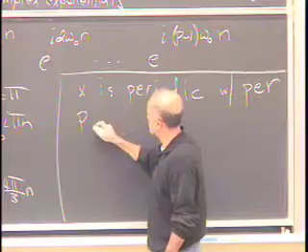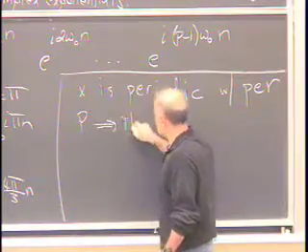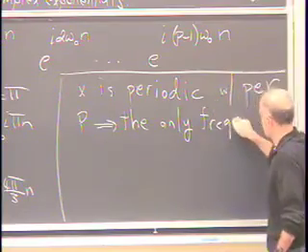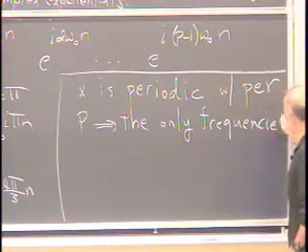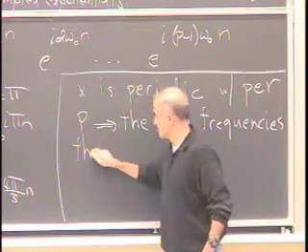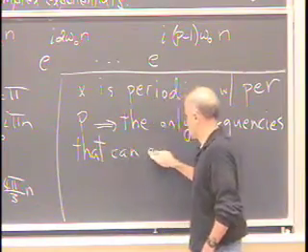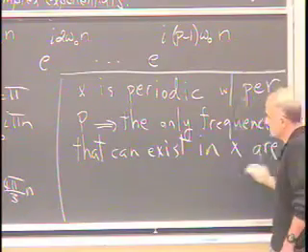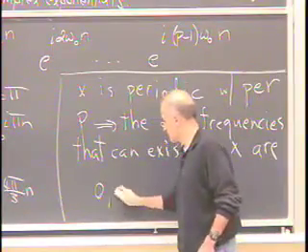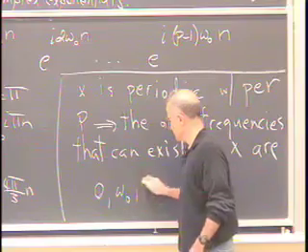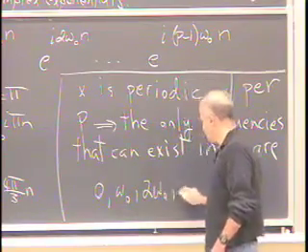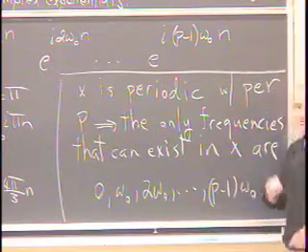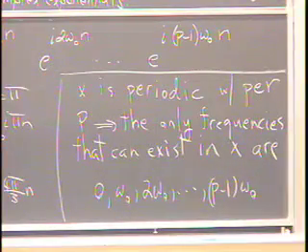If x is periodic with period P, then the only frequencies that can exist in x are 0, omega naught, 2 omega naught, up to P minus 1 omega naught. There's no other frequency.